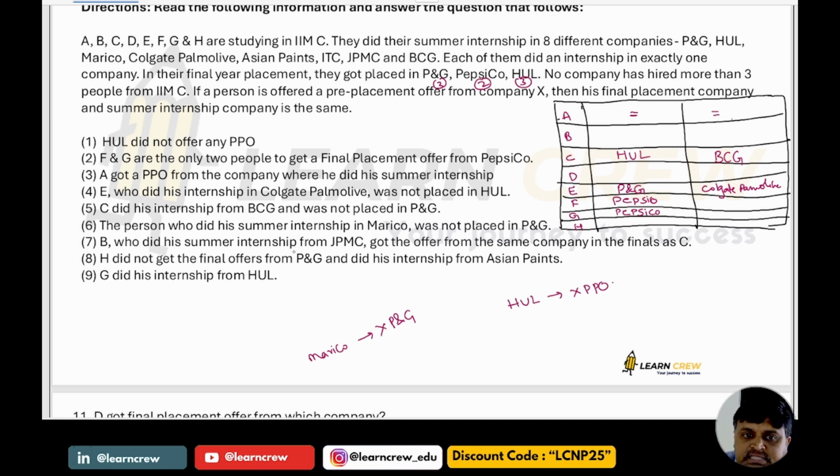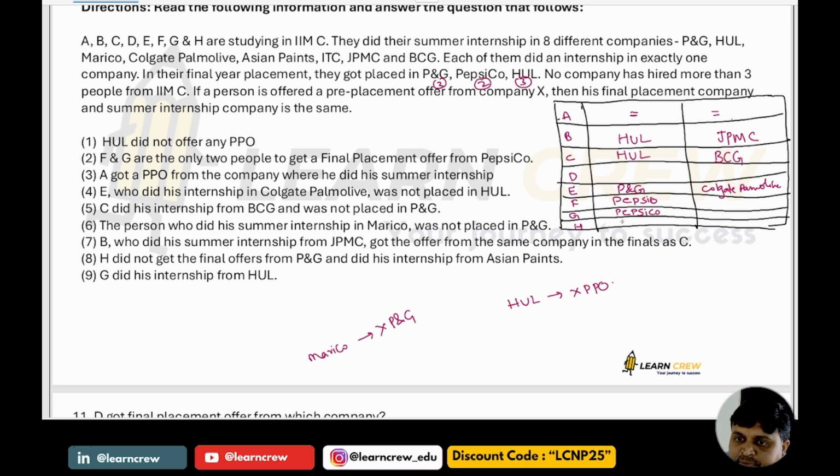B, who did his summer internship from JPMC, got the offer from the same company in the finals as C. So C is HUL, so B is also HUL. Next, H did not get the final offer from P&G.